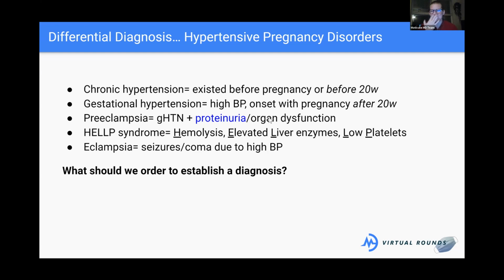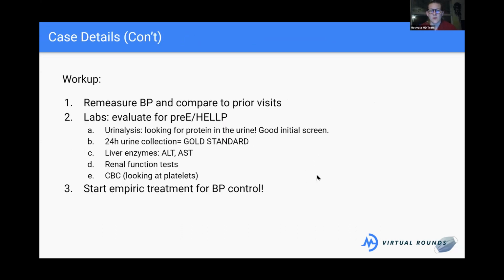So there's a general series of labs that we do for these hypertensive pregnancy disorders, and that's a urinalysis, liver enzymes, and CBC essentially are the ones that we especially care about in trying to work out what the diagnosis of high blood pressure could be. So we did, well, I guess we'll reveal the results of this. But essentially we would want to first confirm the blood pressure and compare it to her prior visits.